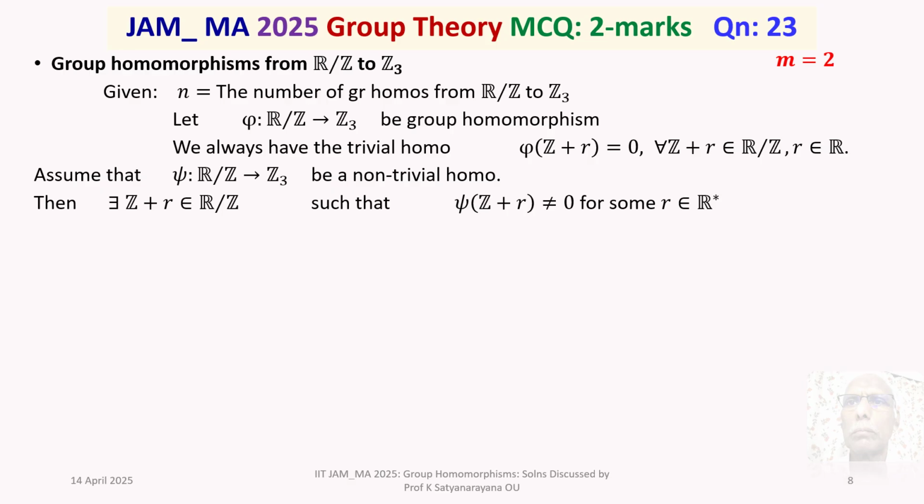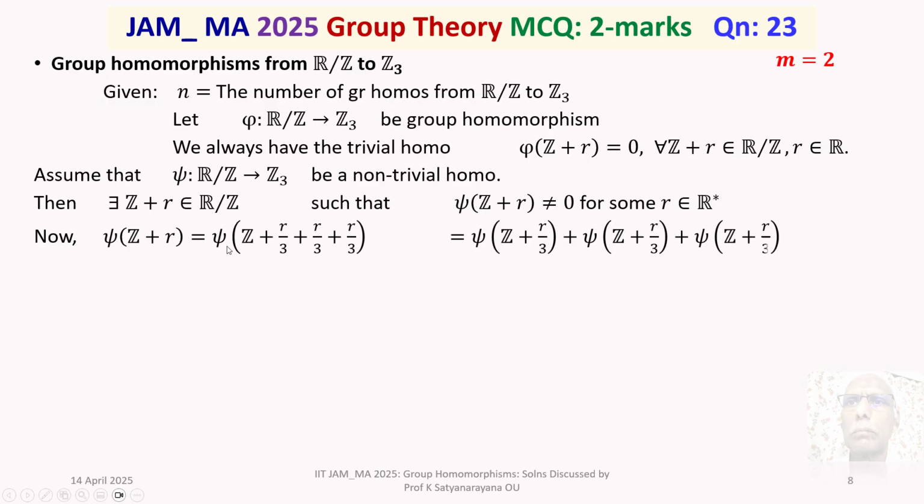Agreed. Now, psi of Z plus R can be written as psi of Z plus R by 3 plus R by 3 plus R by 3. But psi is a group homomorphism. Therefore, it will be psi of Z plus R by 3 plus psi of Z plus R by 3 plus psi of Z plus R by 3. This is 3 times psi of Z plus R by 3, where psi of Z plus R by 3 is an element of Z3.